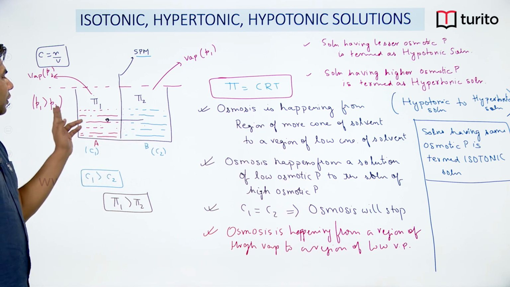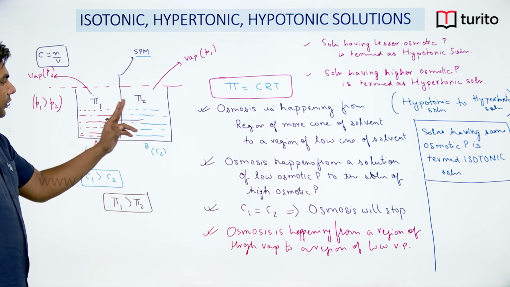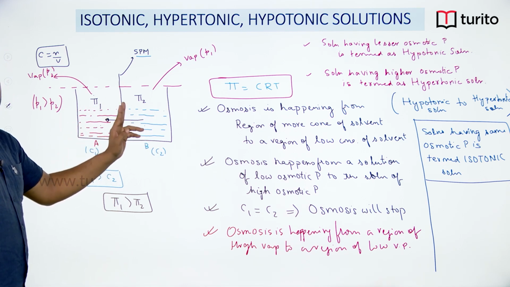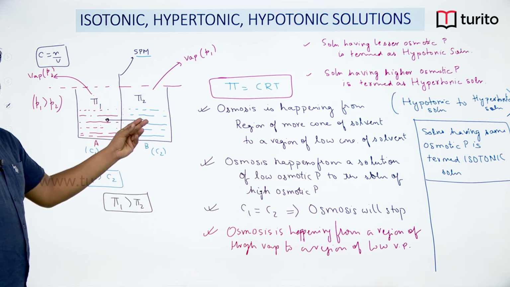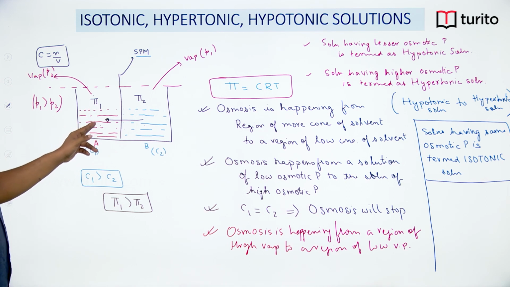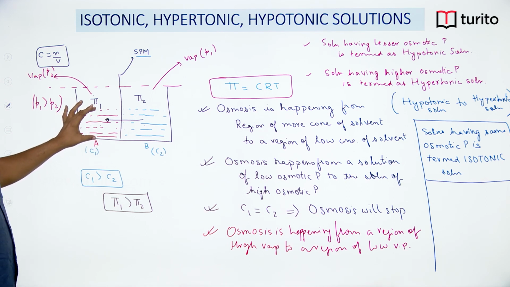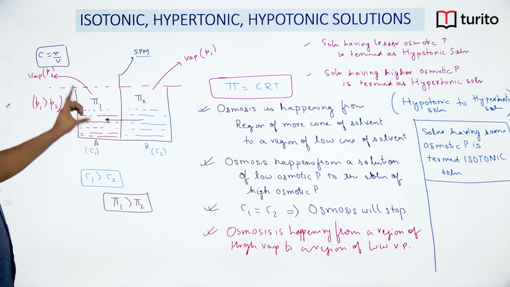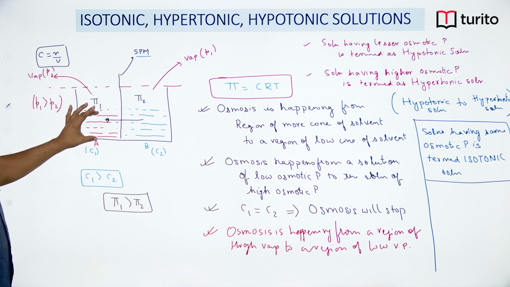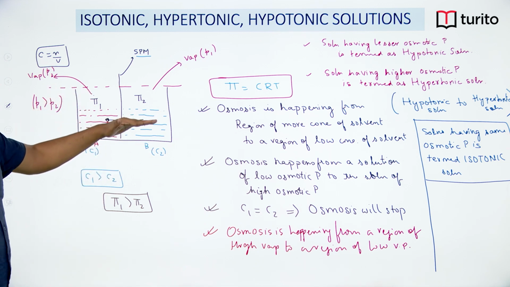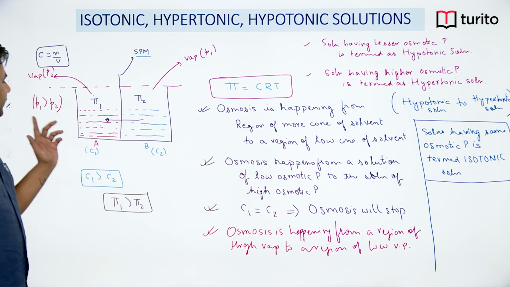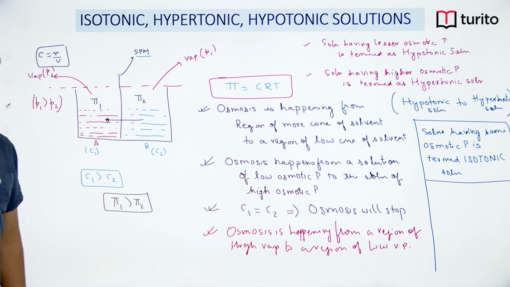Now when the solvent is passing from B to A, the volume of the solution here is decreasing, so the concentration of this portion would keep on increasing. When the solvent molecules have reached over here, this solution is becoming dilute. The volume of the solution is increasing, so the concentration would decrease, hence the osmotic pressure would decrease, and this osmotic pressure increases. At some concentration, both the osmotic pressures become equal.